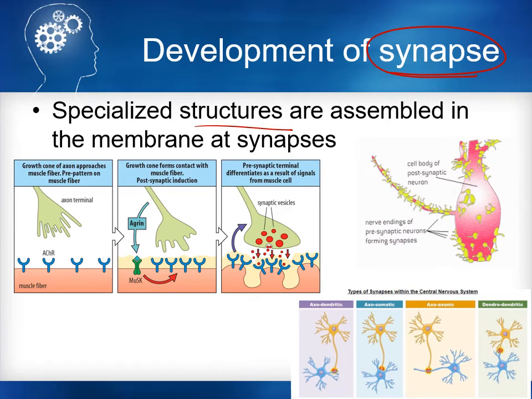This is a postsynaptic neuron. This is basically the end of a dendrite, cell body and dendrite. And you can see all of these little yellow guys are all of the axon terminals that are trying to form synapses with this nerve cell. So it's crazy cool how many connections can be made amongst all of our nerve cells.